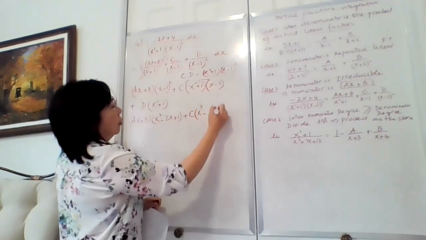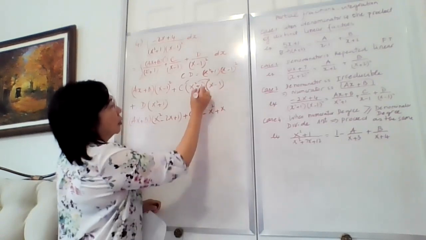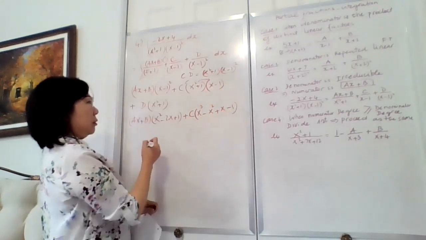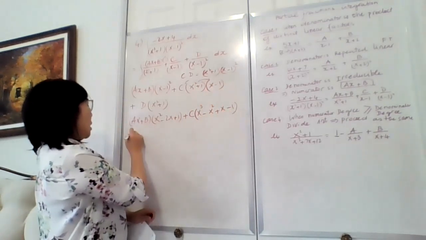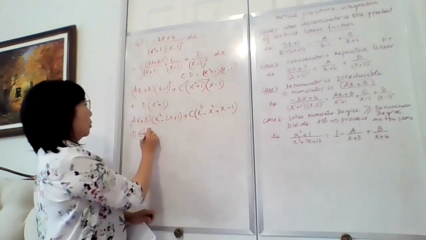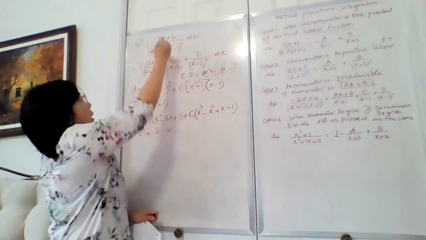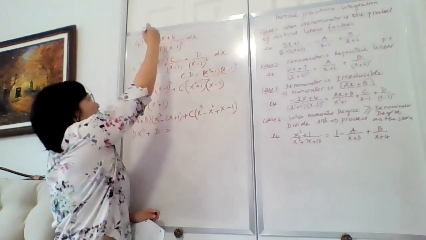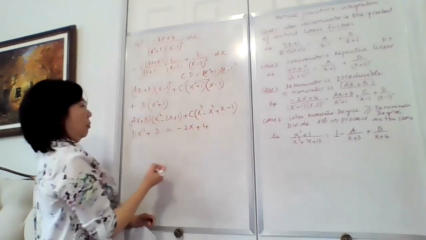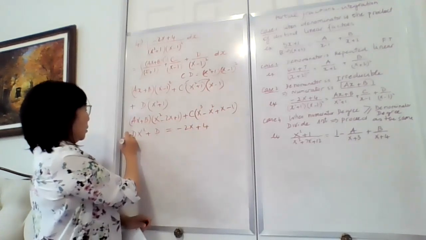Minus x squared plus x. 1 times x is just x. And 1 times minus 1 is minus 1. Okay. So the D, we just tie together, will be dx squared plus d. And all of this will be added up, become the numerator here, minus 2x plus 4.